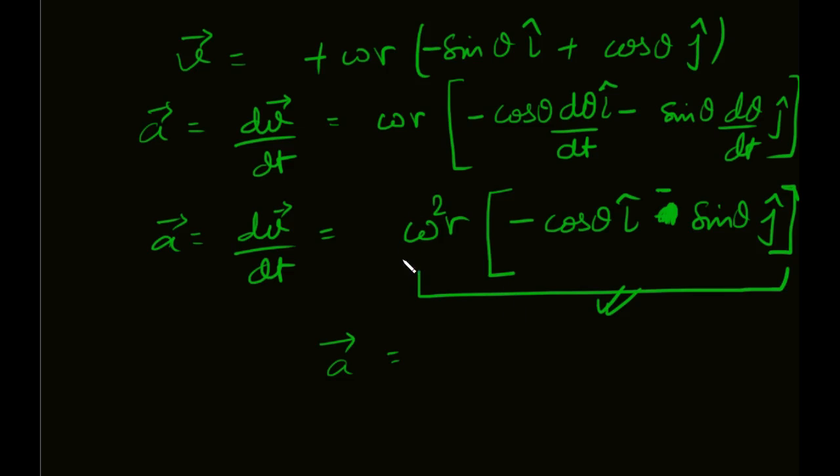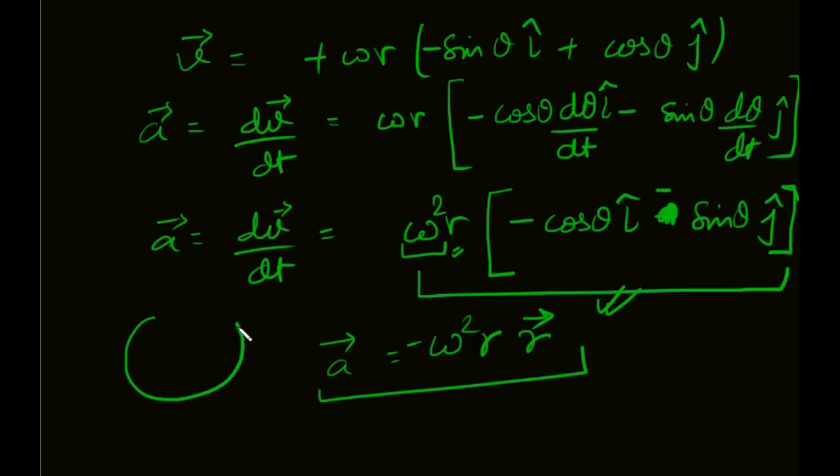So this is the acceleration when omega is constant. I have assumed omega is constant over here. Keep in mind, omega is assumed constant right now. Omega square r, what was this? This is minus the r vector. So this means the direction of acceleration is along the radius vector.